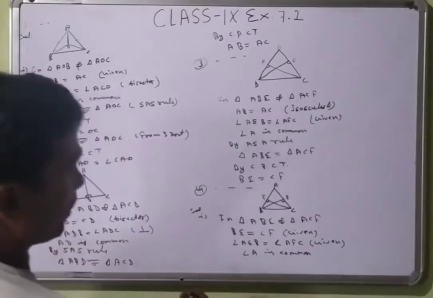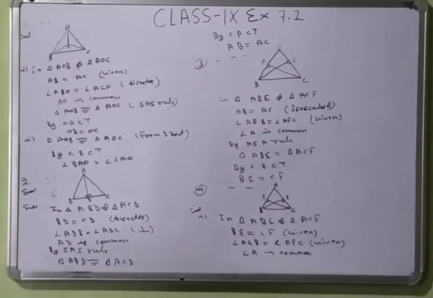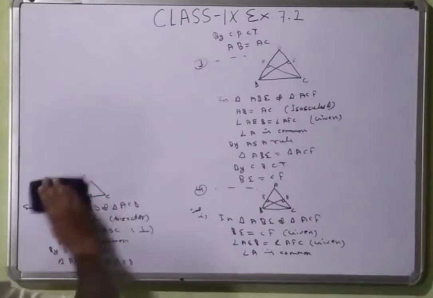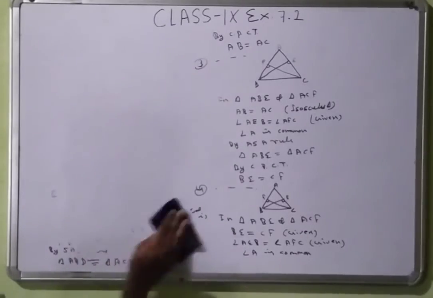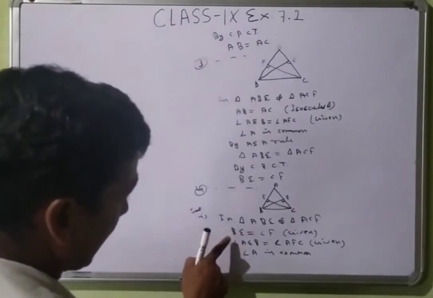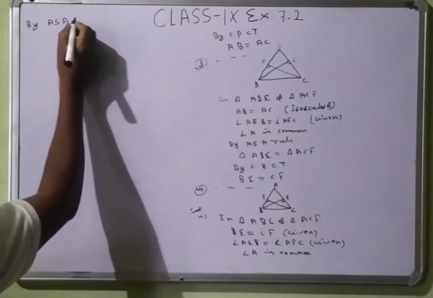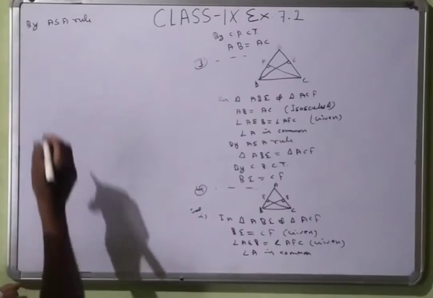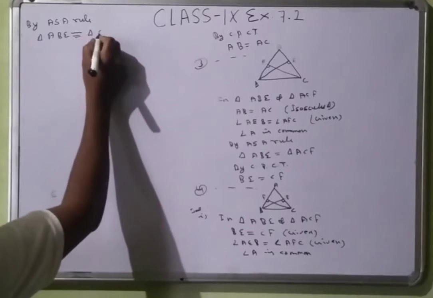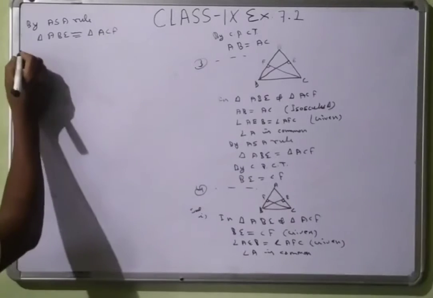Angle A is common. So by ASA rule, because one side and two angles are given, by the ASA congruence rule, triangle ABE is congruent to triangle ACF. First thing we have proved.